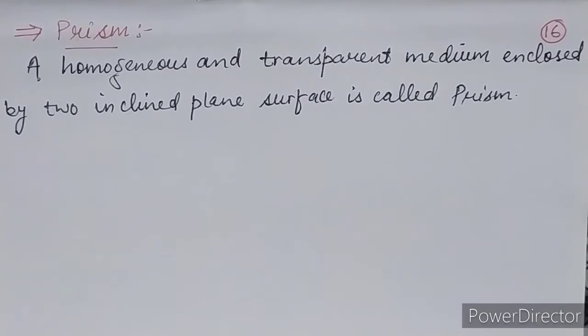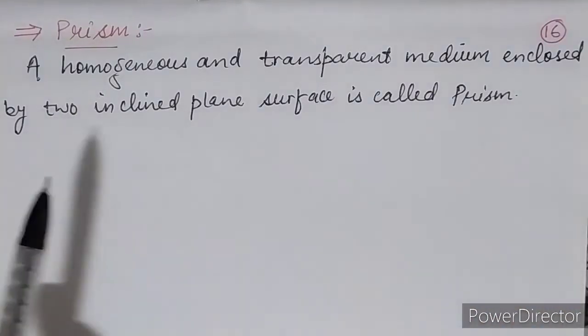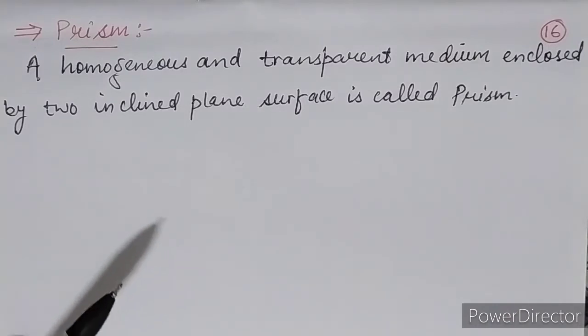Okay, what is this, beta? This is a homogeneous and transparent medium which is enclosed by two inclined surfaces. That is your prism.